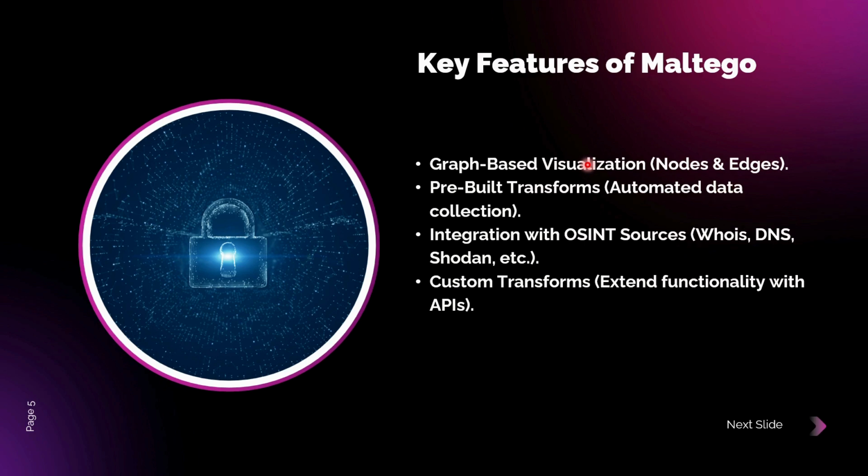This will find all the data which is available open source or somewhere on the internet. Integration with OSINT sources, WHOIS, DNS, and Shodan. This is where some sites' information is available. Custom transforms: if you want to do a specific thing, then you can do custom transforms.